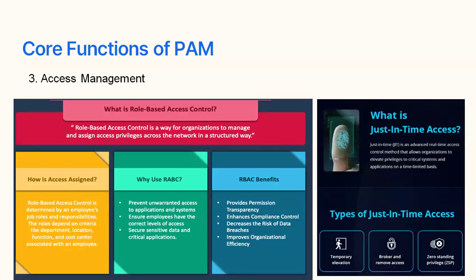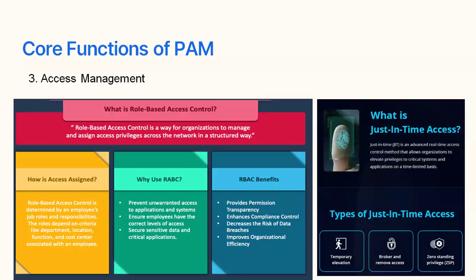Then we have just-in-time access also. Most of you have seen that in the Azure portal, we have PIM access. It's just-in-time. We don't want to have permanent access for a few job roles. We provide access only whenever they require it. It can have an approval workflow and a time duration.